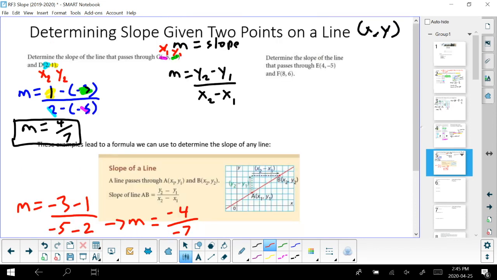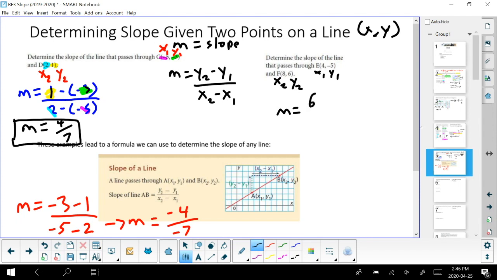Question number 2, we're going to take points E and F. Let's label these as x1, y1, and x2, y2. So you've got m is equal to y2 minus y1 over x2 minus x1, as we can see there in the middle.